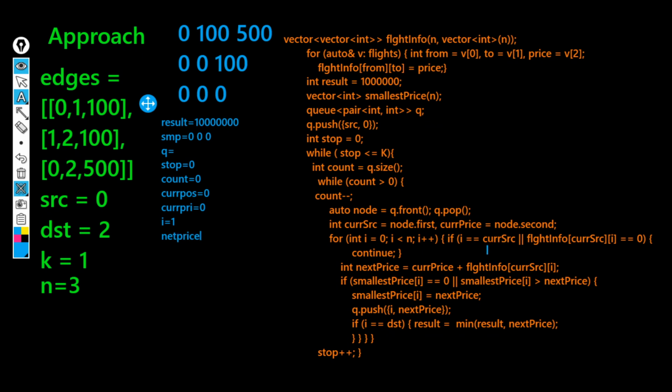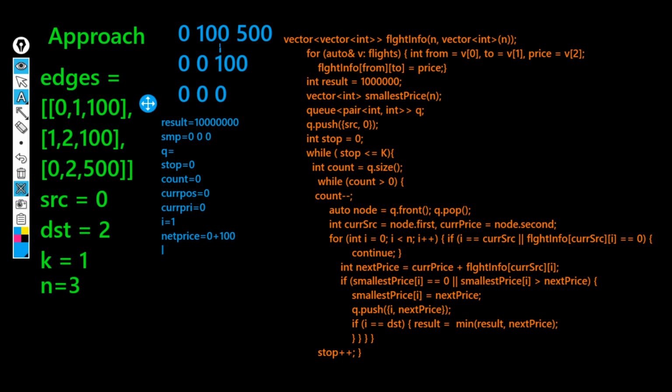Now what is this stuff doing? This is just stopping the iteration when the current position and the destination are the same. So this if condition is doing this part. Now I will update these small price values. Now the next price will be the current price, which is 0, plus the price of the flight, so it will be 100.